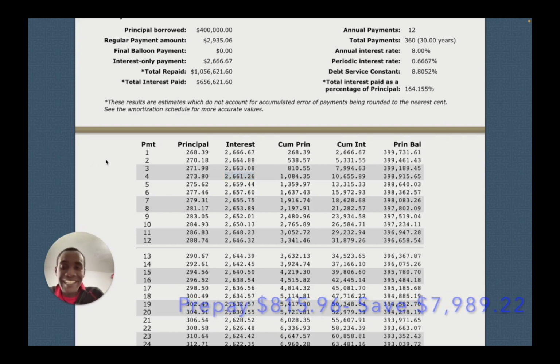All right. So let's look at another example. Now let's say we make our first payment of $2,900 on month 1, right here. And then we look at the amortization schedule from month 2 right down to month 12.